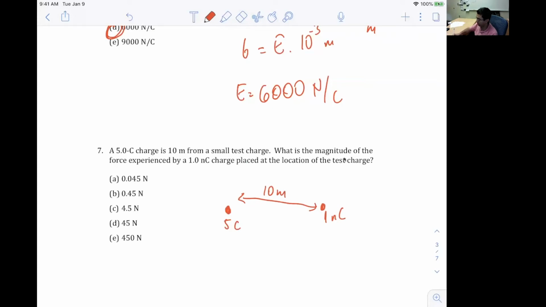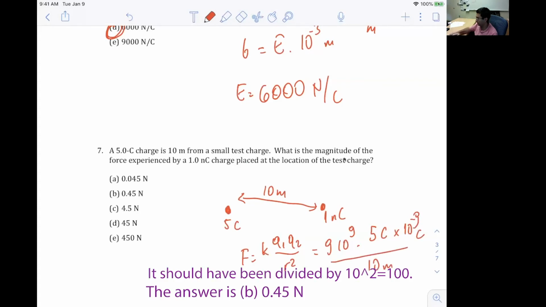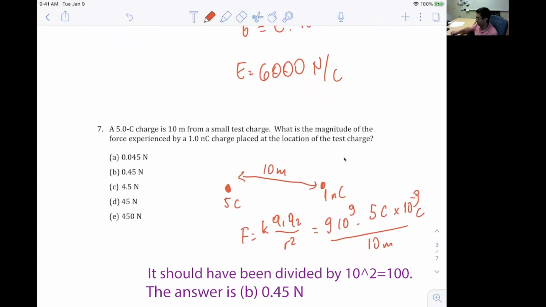The magnitude of the force is K Q1 Q2 divided by R squared. 9 times 10 to the 9 is the K. Q1 is 5 coulomb times 1 nanocoulomb, divided by 10 meters squared. So this will be 45 divided by 10, which is 4.5 Newton.